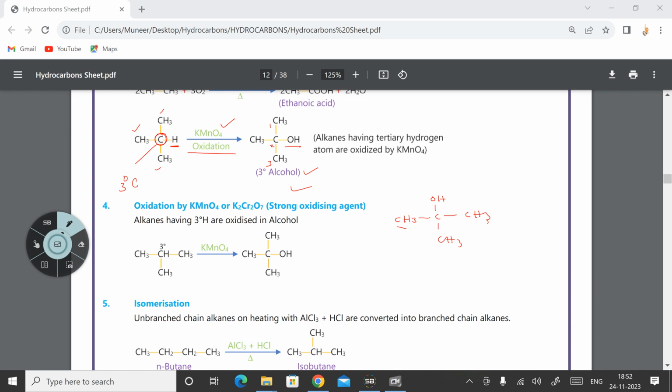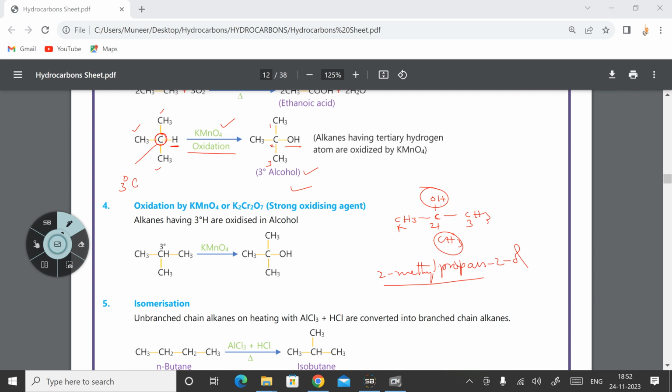What is its name? Come on, tell me. 1, 2, 3 long chain. 2-methyl propan-2-ol. 2-methyl, long chain, 3 carbon atoms. That is why prop, single bonds, an, ol is the secondary suffix, present on the second carbon, propan-2-ol. The second carbon contains a methyl group, so 2-methyl propan-2-ol.